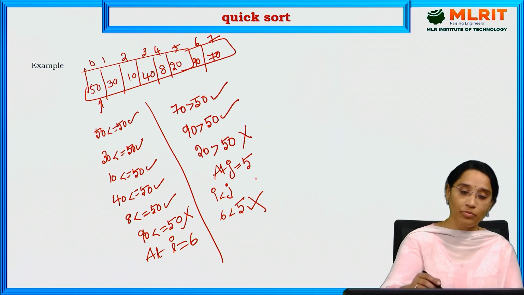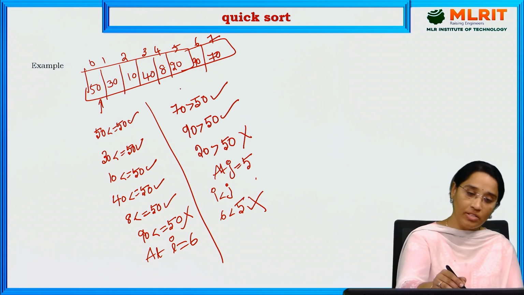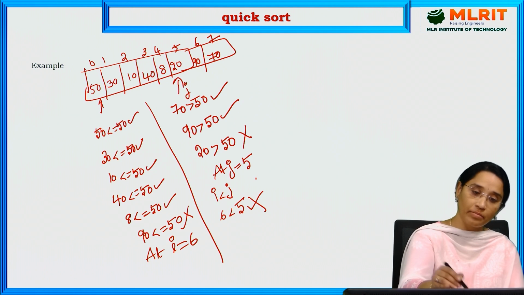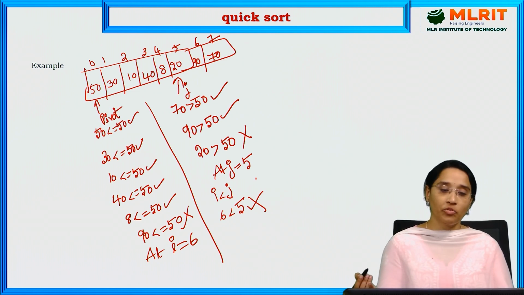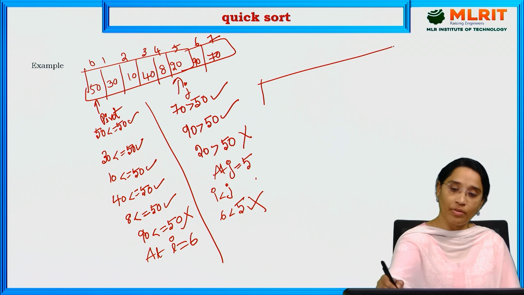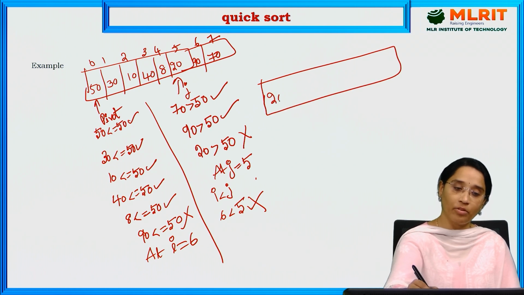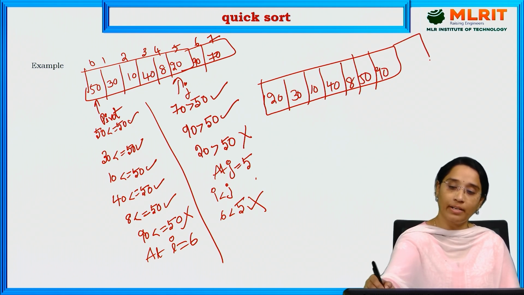So you will swap j with the pivot. Where is j here? j is here, and your pivot value is this one. Now you will swap j with the pivot: 20, 30, 10, 40, 80, 50, 90 and 70.